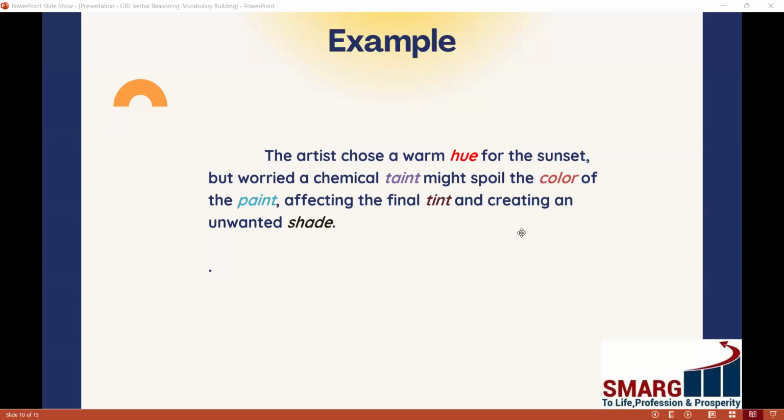So even when you're designing things, you enter color codes, right? So that color code, that specific color code, that would be a hue. Okay. Can we say tint, like a poetic way to express dusk hue for the sunset?